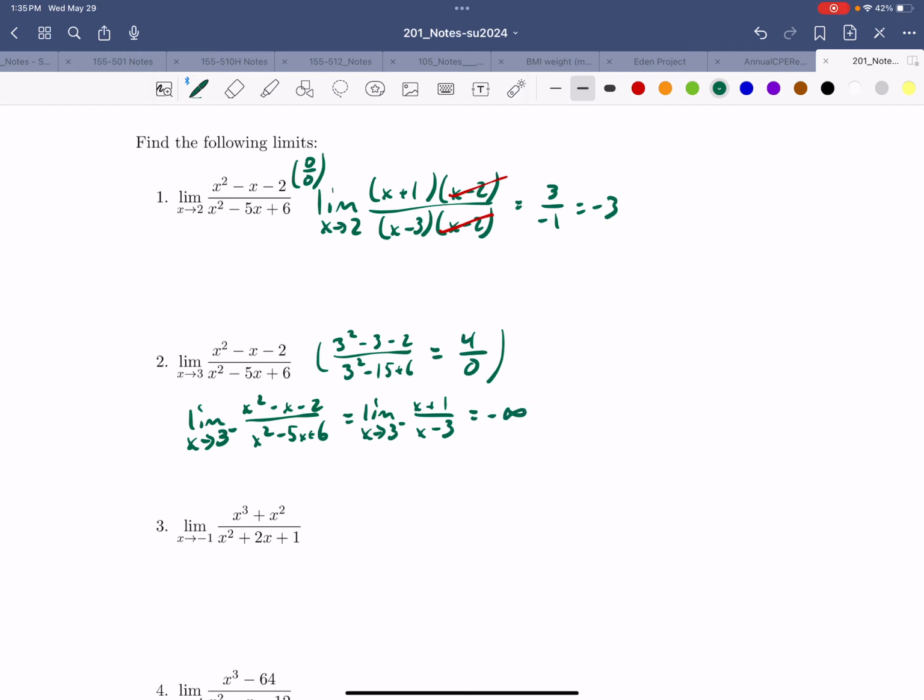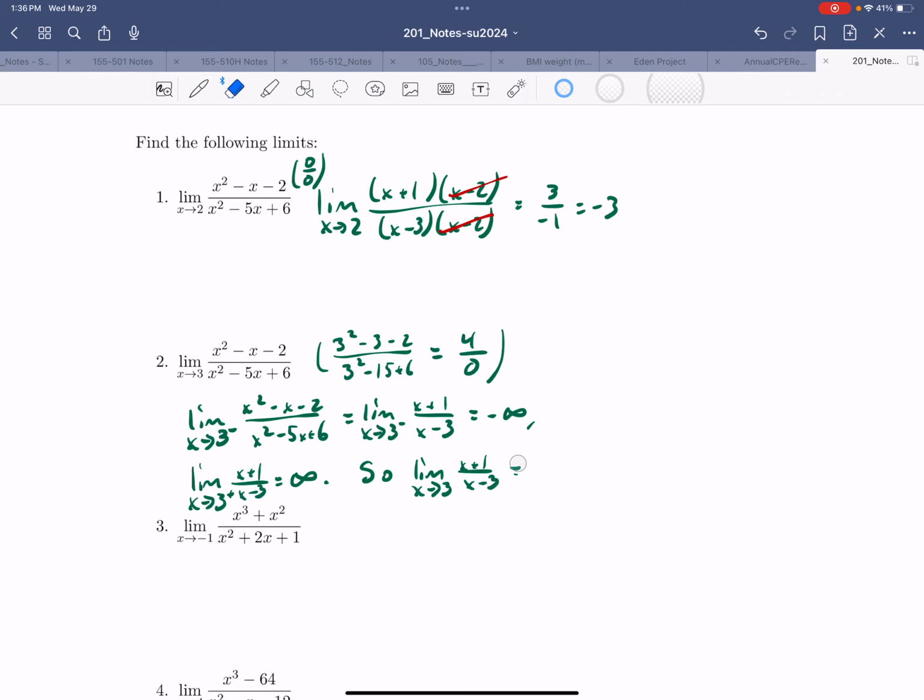So it looks like we're going to get negative infinity. Limit as x approaches 3 from the right of x plus 1 over x minus 3 is going to be positive infinity. So we have that the double-sided limit as x approaches 3 of this, note that's the same as what we had before, I should say does not exist. Okay.